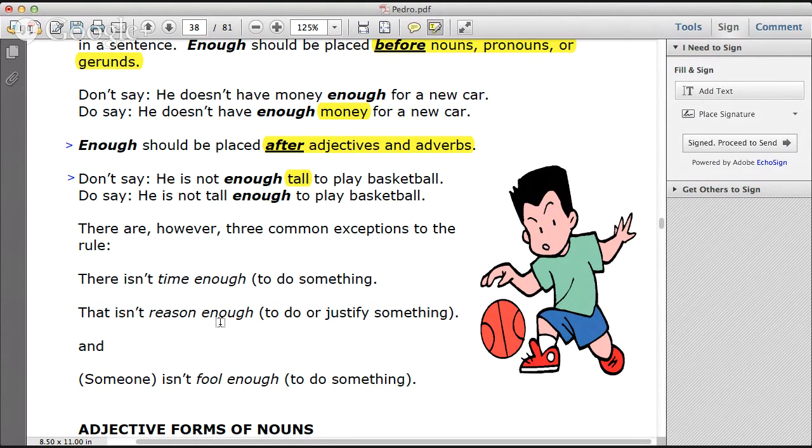Okay, very good. Now, the only one that I disagree with and I use the other way is with time. I usually do say there isn't enough time. Whether that's grammatically correct or not, I don't think anybody really cares. But with time, you can use it on one side or the other.